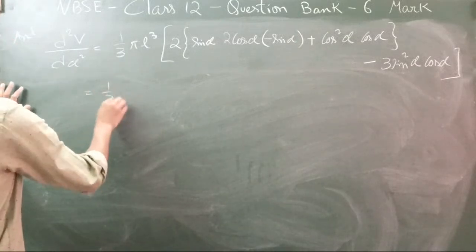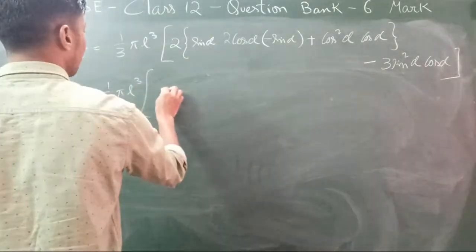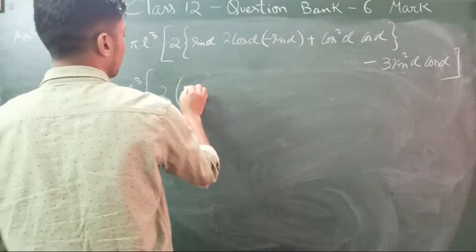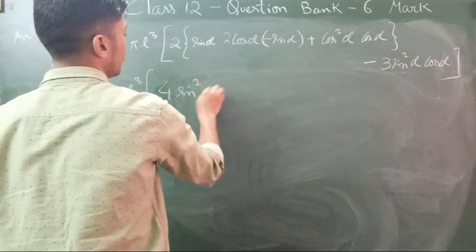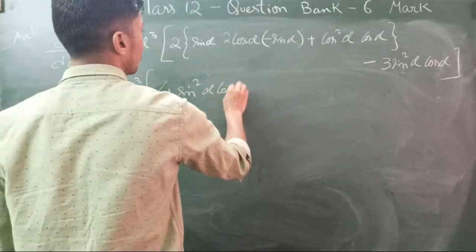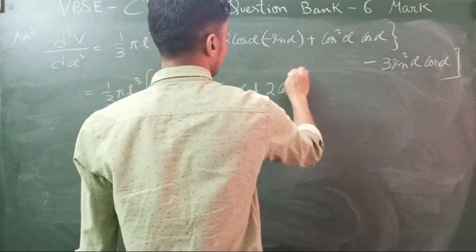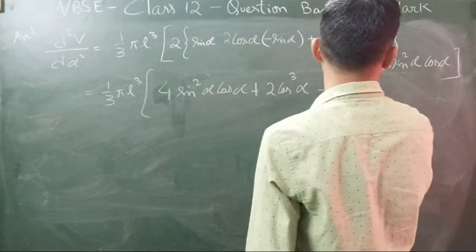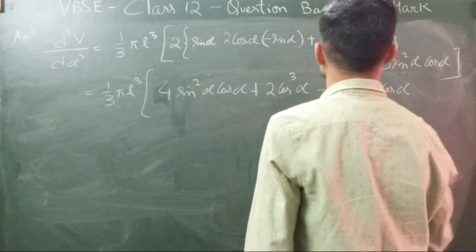That will be 1 by 3 pi L cube, 2 times minus 2 sine square alpha cos alpha plus 2 cos cube alpha minus 3 sine square alpha cos alpha.